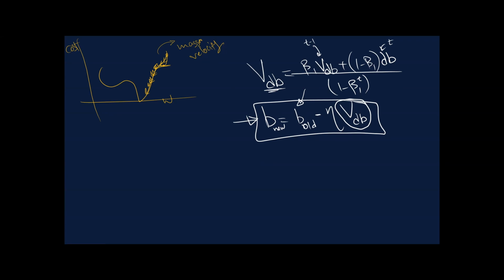Okay, so let's look at another optimizer showing another variation. This optimizer does not depend on the momentum that we said, it depends on the second momentum. It's called RMS prop.